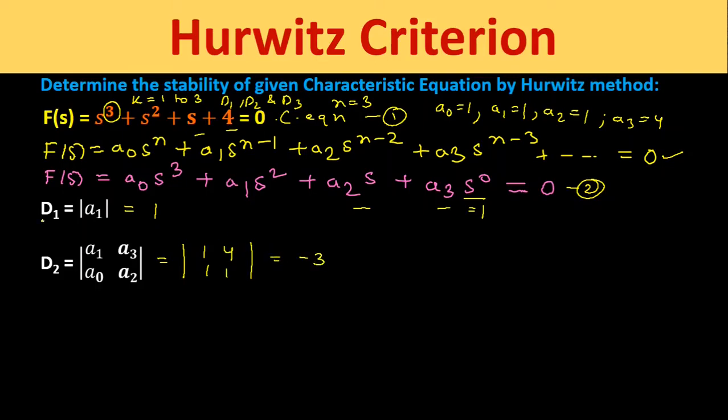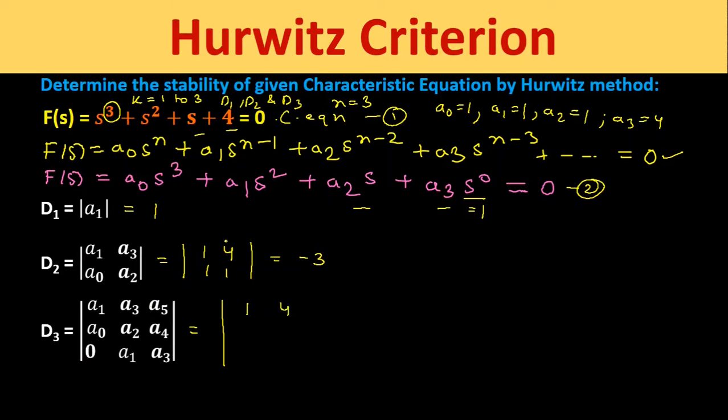Now we will find out d3. d3 is equal to a1, a3, a5, a0, a2, a4, 0, a1, a3. When we put the values of these coefficients, we will get a1 is 1, a3 is 4, a5 is not given in this characteristic equation, therefore it will be equal to 0. a0 will be equal to 1, a2 is again 1, a4 is not given in this characteristic equation, therefore it will be equal to 0.